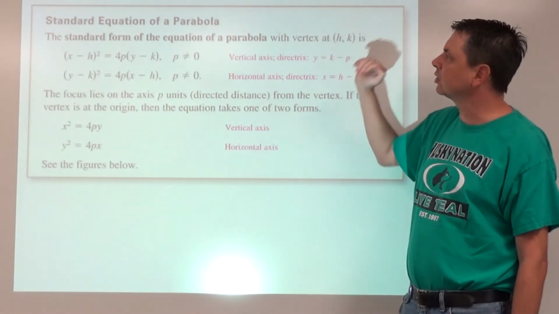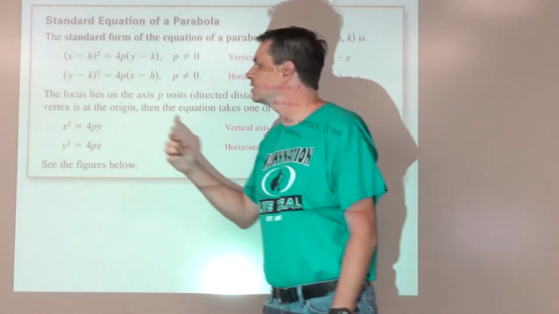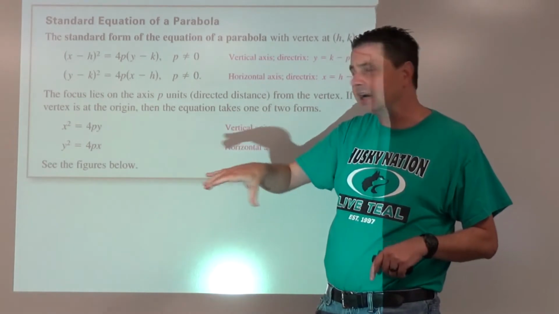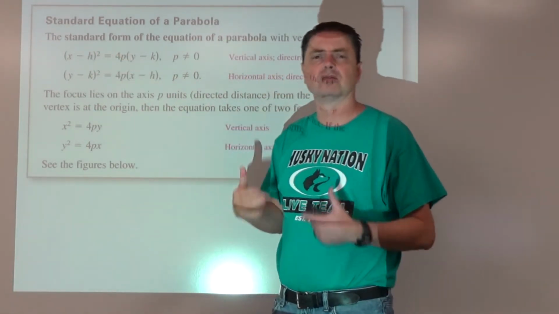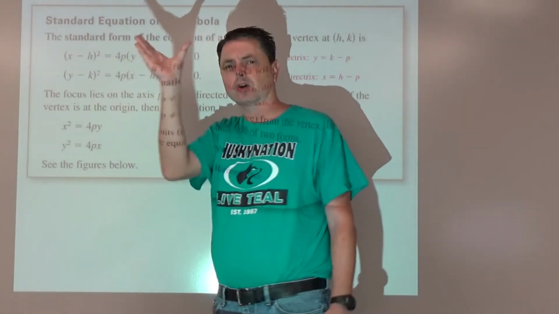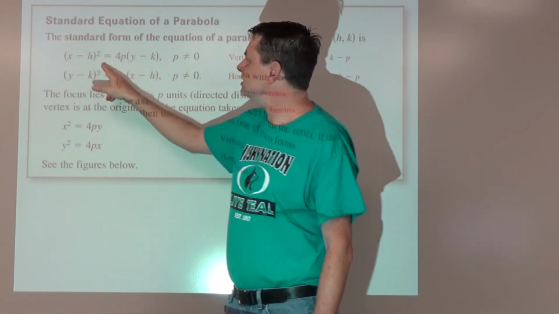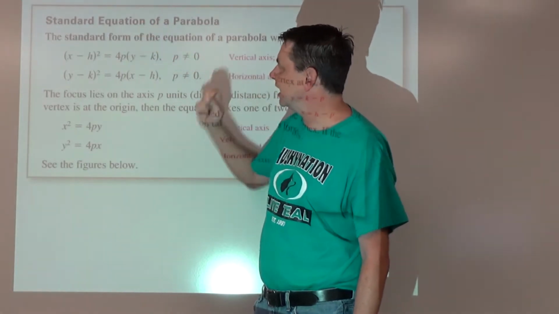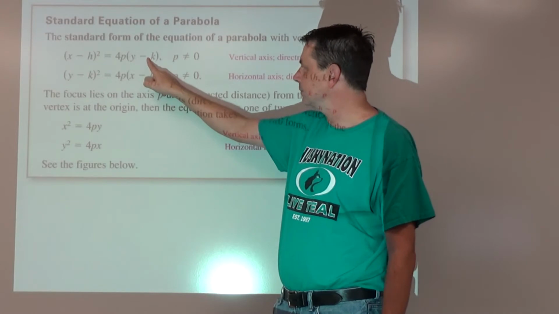Okay. Our standard equation for conic sections, for the normal one that opens up or down, is x minus h squared, because I think that's the one we're familiar with from the past. When x is squared, it opens up or down. So x minus h squared is equal to 4 times p, and we'll talk about what p means, times y minus k. The vertex is h comma k.